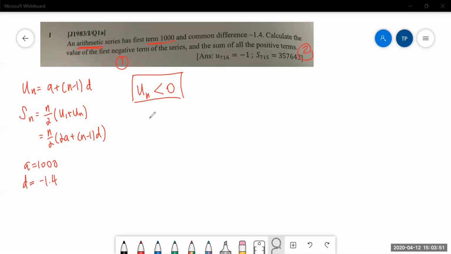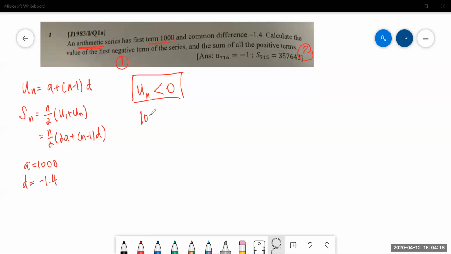Yeah, I got it. Okay, let me go through. I'll just go through here, then you can tally with it. We know that un is equal to a plus (n minus 1)d, and we know a is 1000, d is minus 1.4.